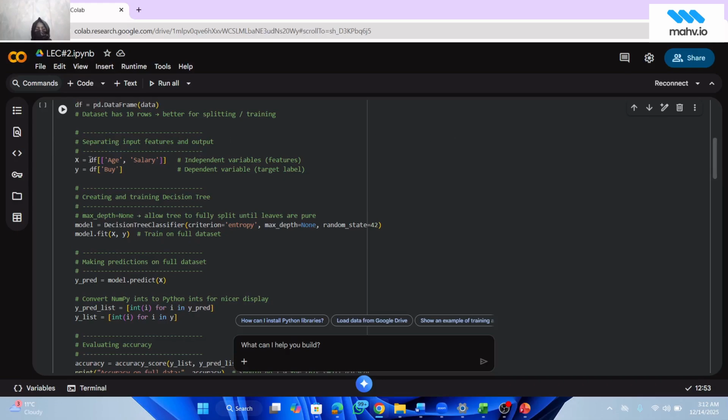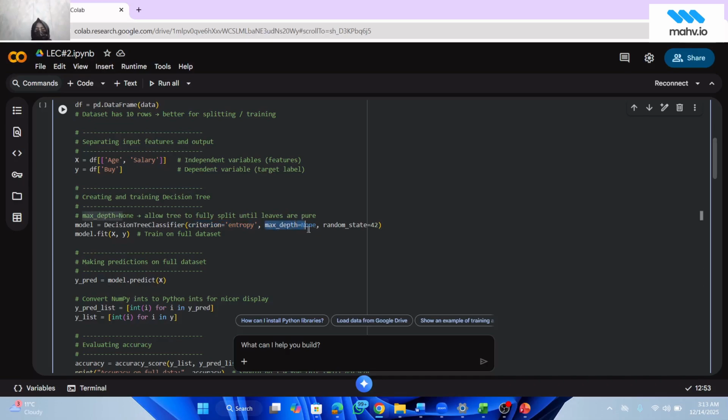And here is the independent variable. Here we separate our X, and y is the dependent variable. Then we apply our algorithm, and the criterion is entropy. It means that it will calculate the information gain as well as entropy. So all these things occur by themselves in the code.